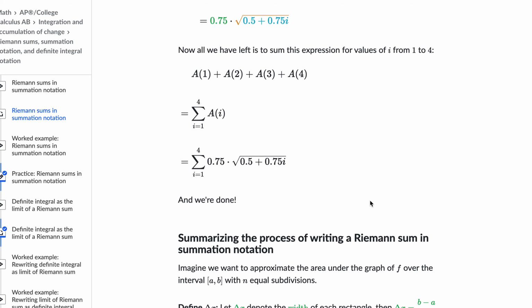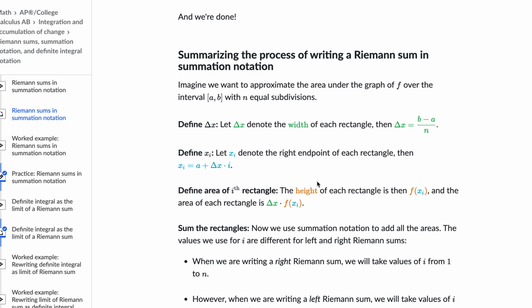Then you start getting into the summation notation and how they deal with it. And then here is where they make an important point: the width of each rectangle is going to be the upper bound minus the lower bound, divided by how many rectangles you're going to slice that area into. So it makes sense.